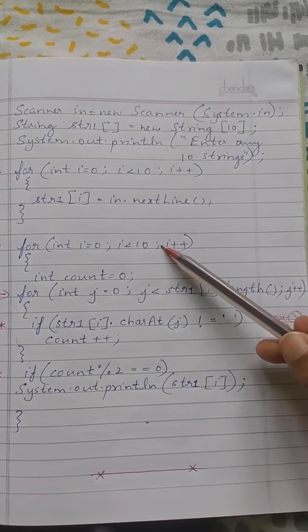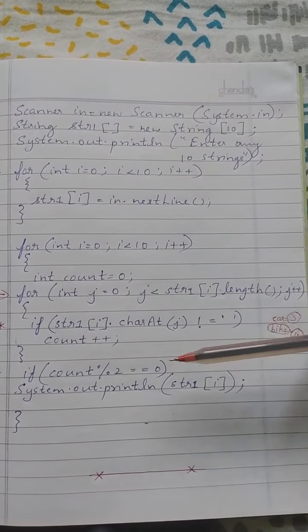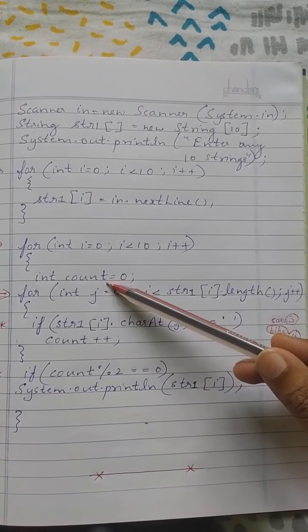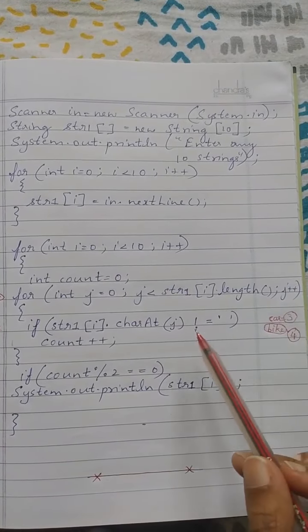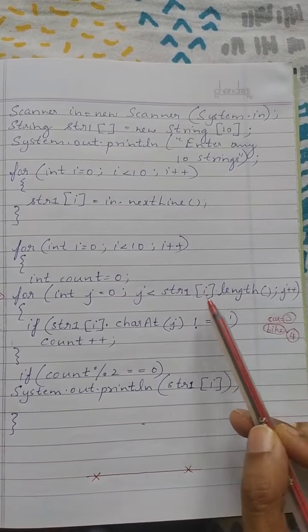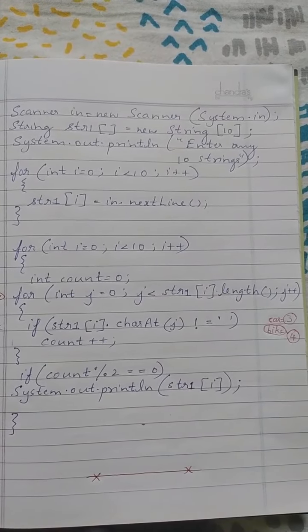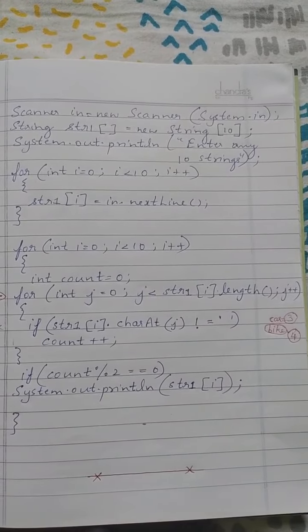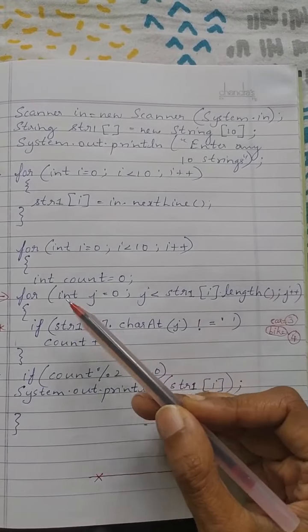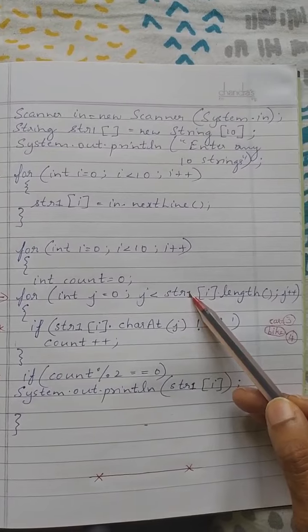Okay, so I am opening the for loop again, and count variable is initialized as 0, and you are finding the length of string, and up to the length of the string you have to find each character. So that is why I am using the j variable inside this for loop.